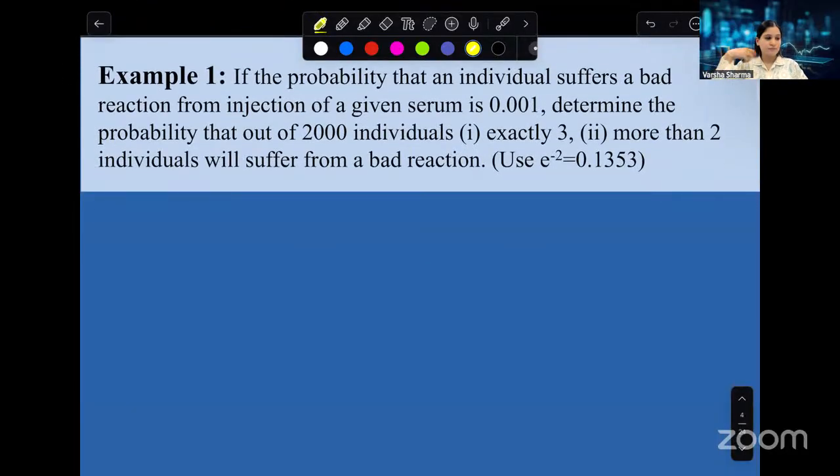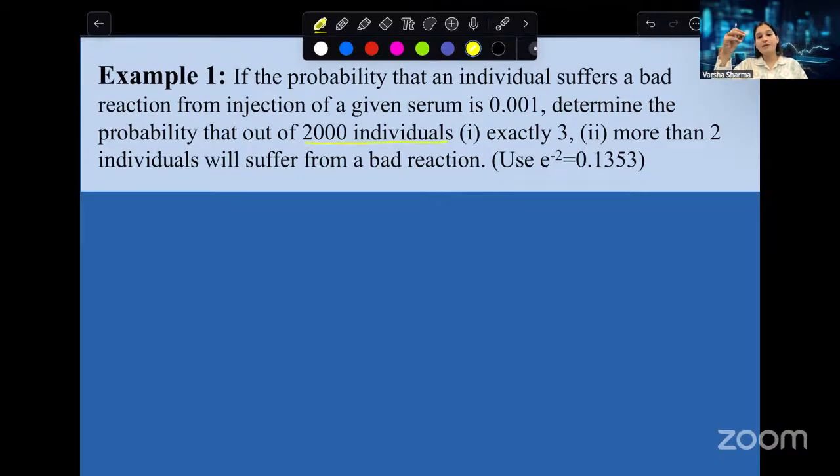First question. If the probability that an individual suffers a bad reaction from injection of a given serum is 0.001, that's a very small probability, determine the probability that out of 2000 individuals.